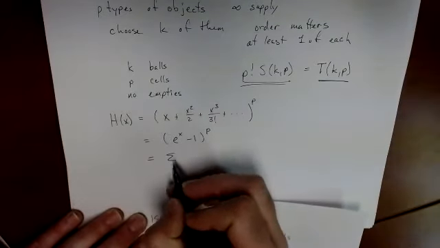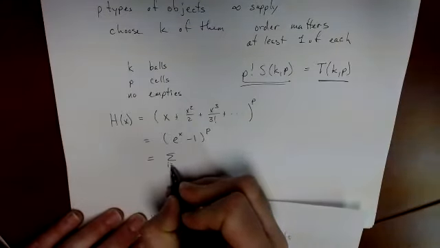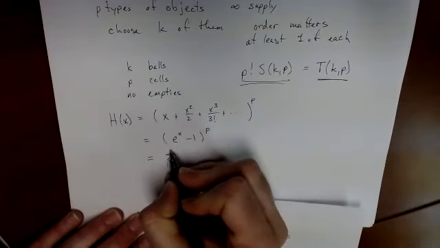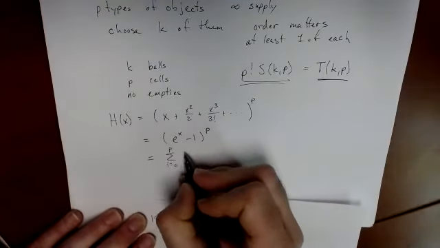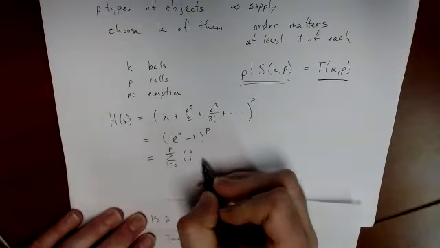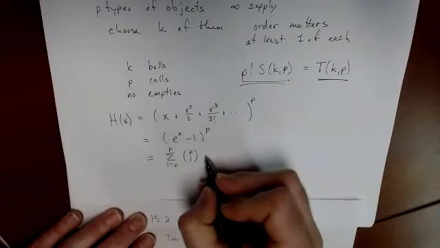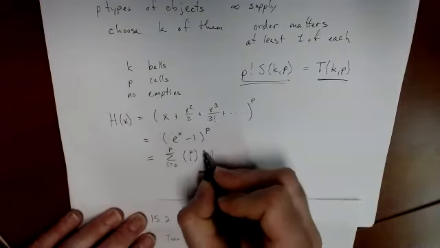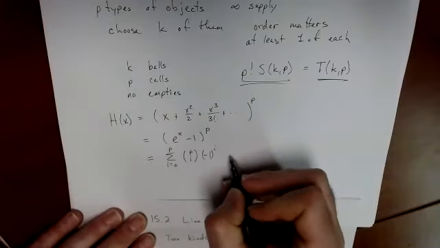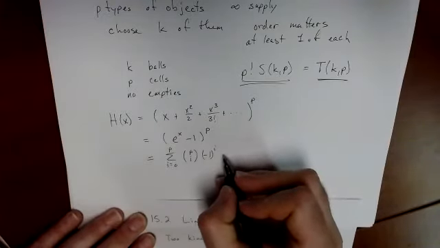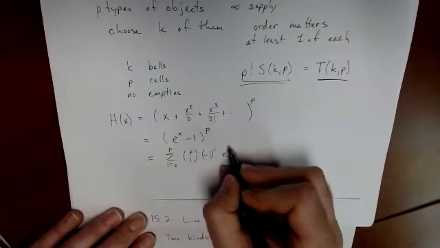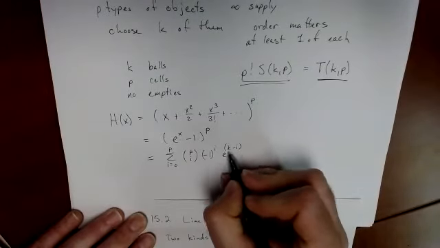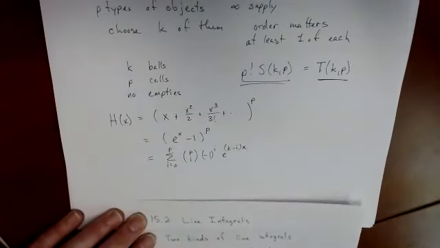So this is the sum as i goes from 0 to p of p choose i, minus 1 to the i, and then e to the (p minus i) times x.